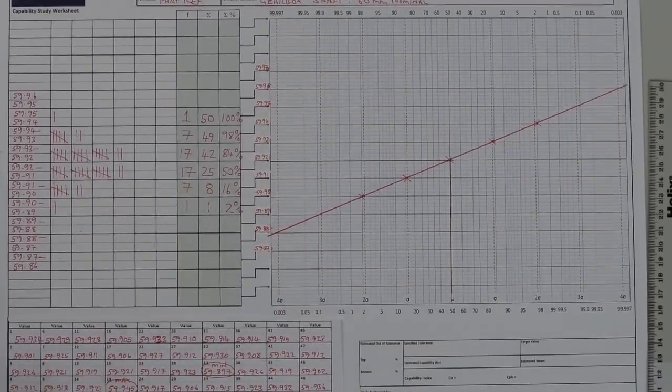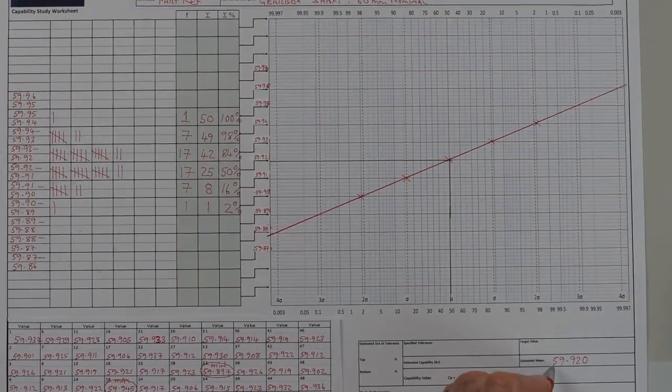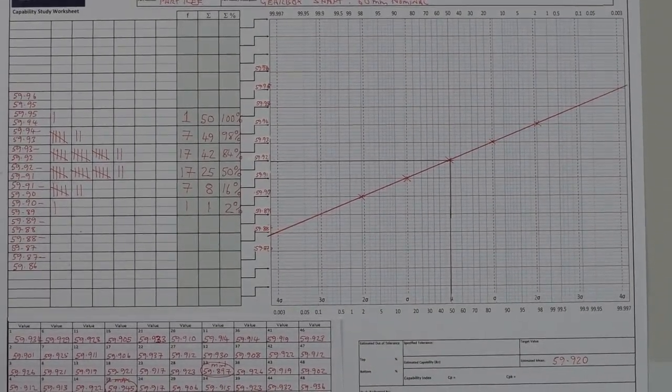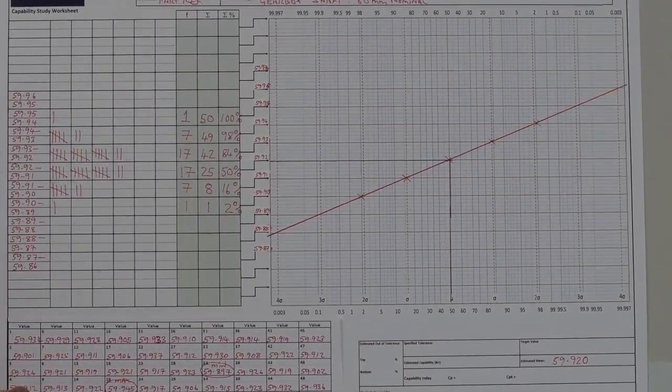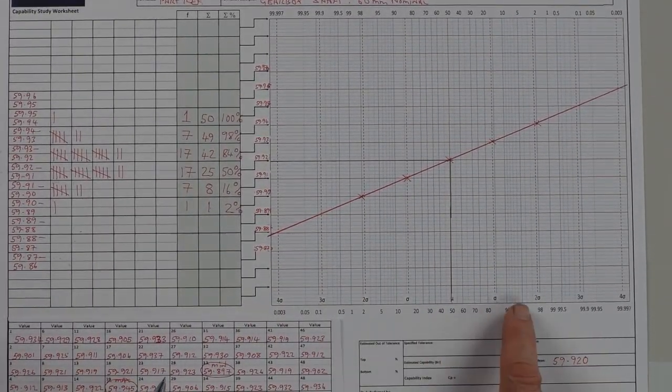And our mean value in this instance here is 59.920.